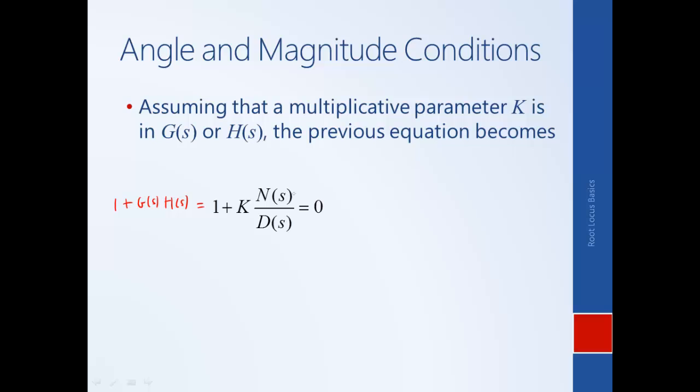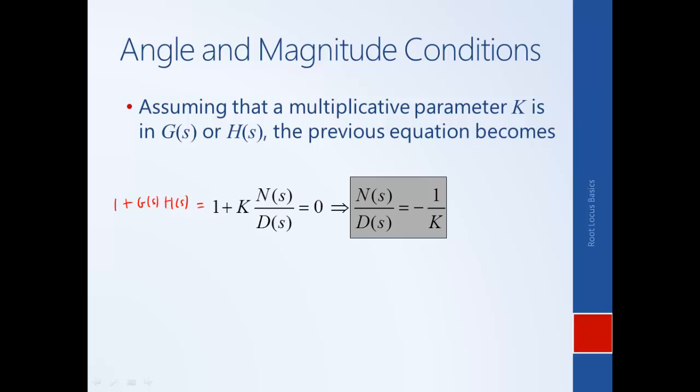So this is the numerator of G times H, and this is the denominator of G times H with a k pulled out. And if we rearrange this, subtract the 1 to the other side, and divide through by k, we get that in essence the open loop transfer function must equal minus 1 over k. And this relationship is going to become the basis for the root locus procedure.